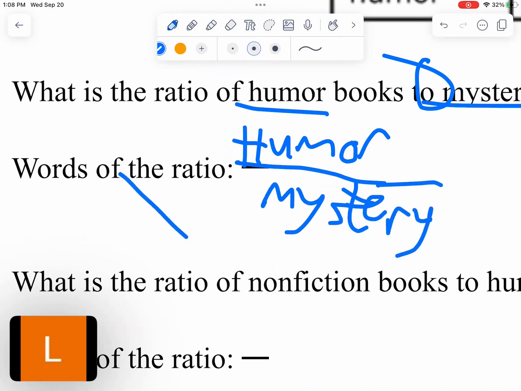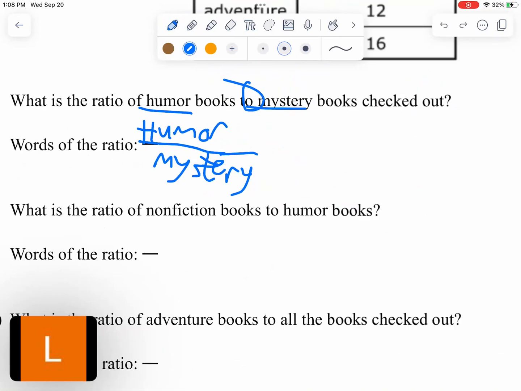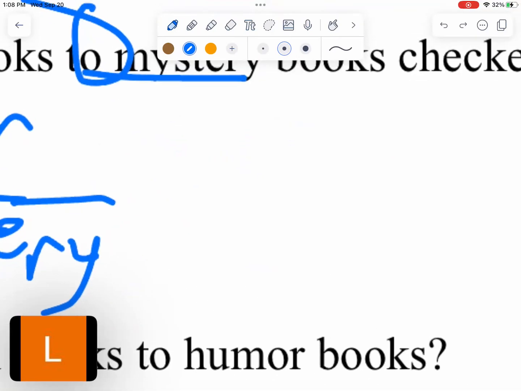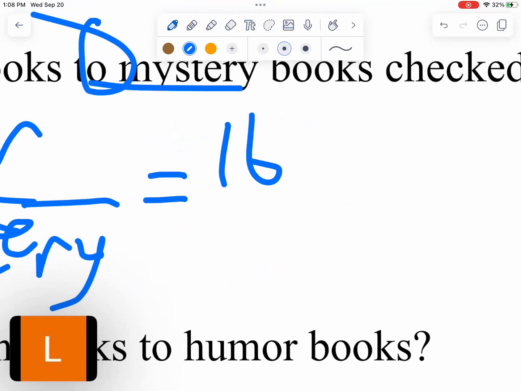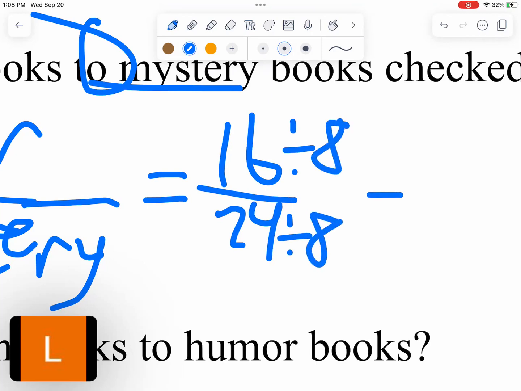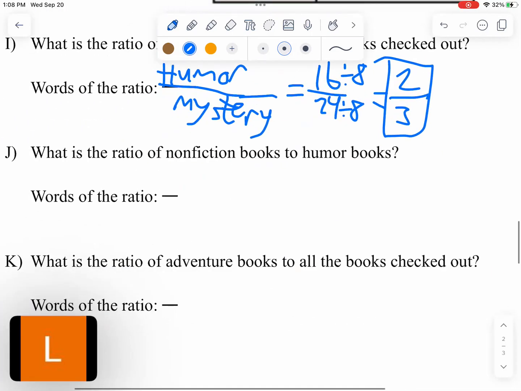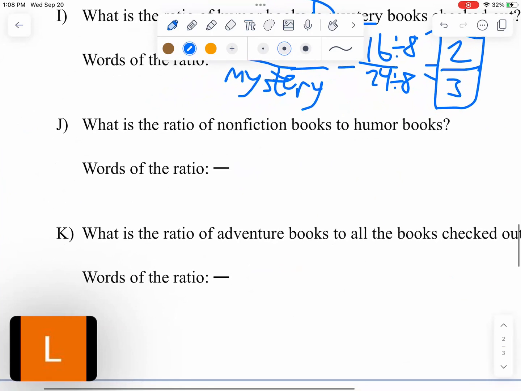And so we have 16 humor, 24 mystery. So 16 to 24. We already ran into that one. Common factor of that is 8. So that's going to be a 2 to 3 ratio. Okay. 2 humor books for every 3 mystery books, right? That's how that could be worded.